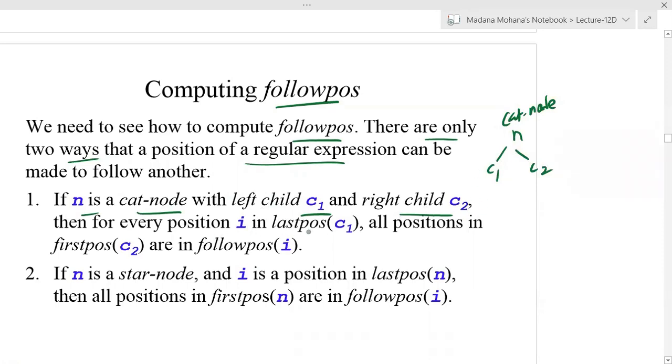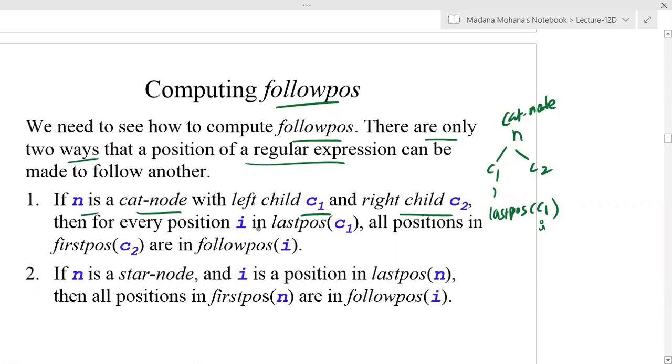So for every position I in the last position of C1, here you will calculate the last position of C1. Let us say some I. That means for all values you have to apply in place of C1.